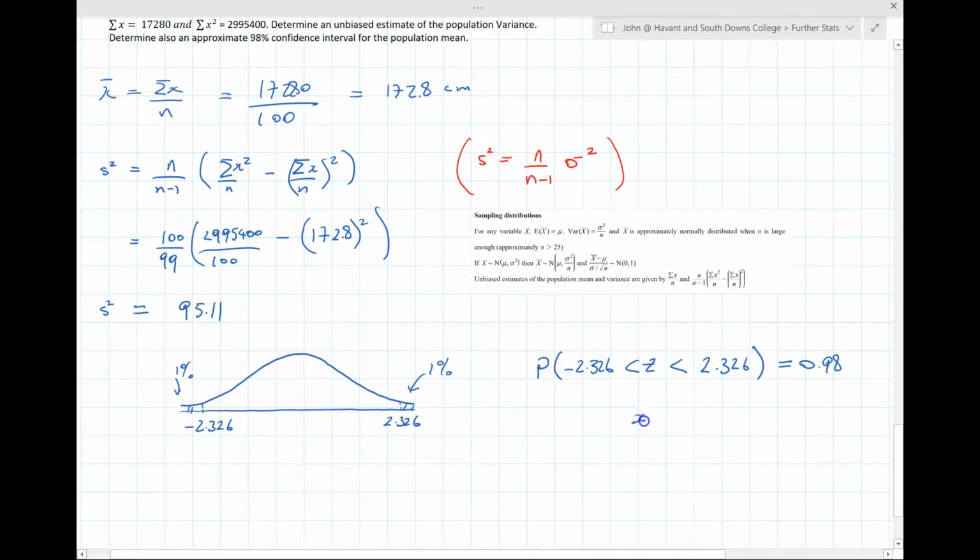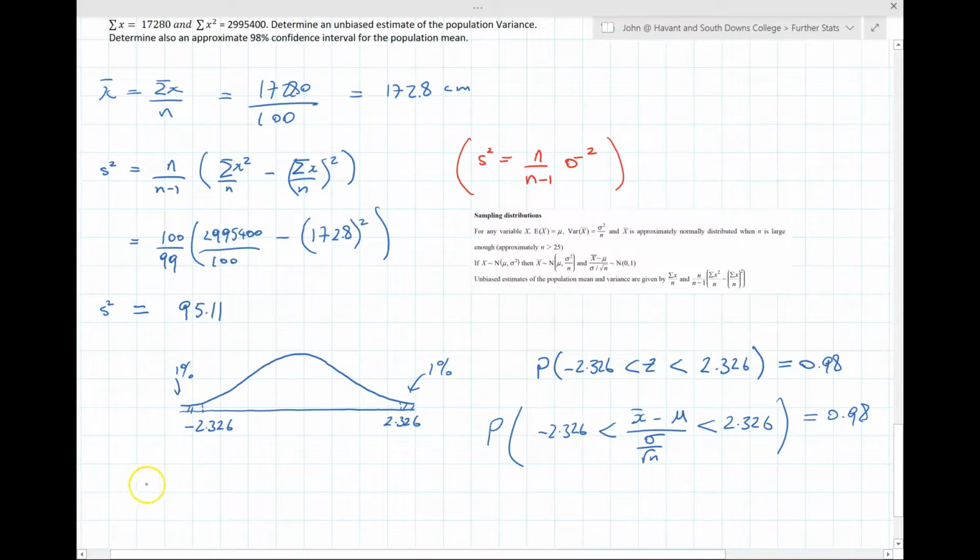So that's our (x bar minus mu) over sigma over root n, between minus 2.326 and 2.326. And if you want to do the algebra separately, or if you can do it in your head, whatever, just don't try and mess around with the inequalities.